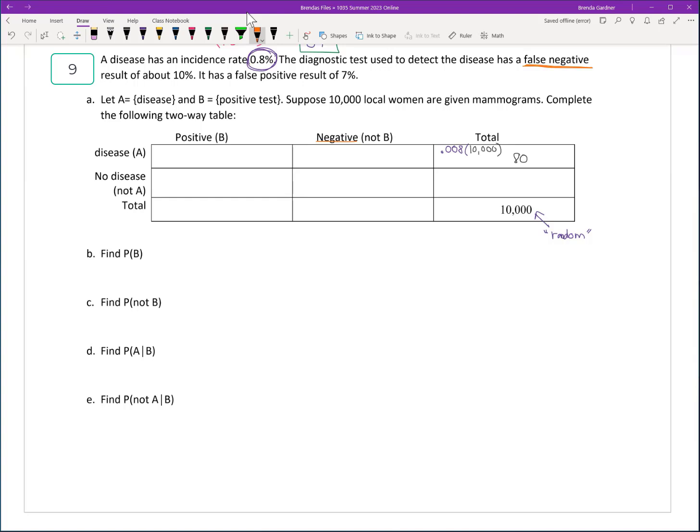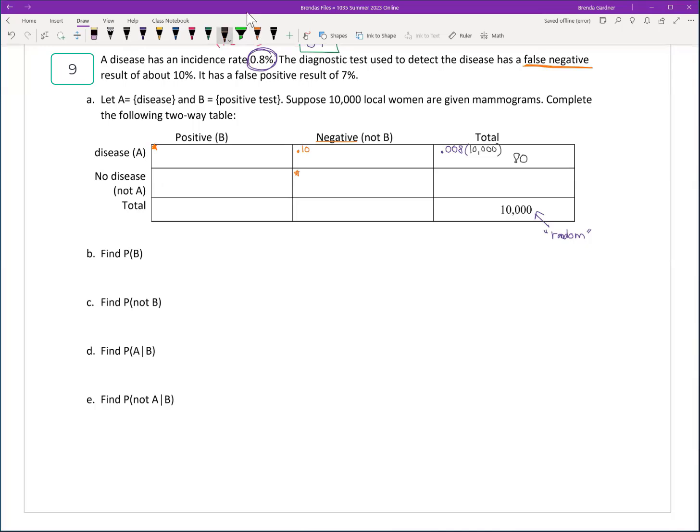So this is the area, disease and positive, that's what we want, and no disease and negative, that's what we want, in a test to have. A false negative would mean that it's negative, but you actually have the disease. So I'm going to put the 10% up there as a decimal. But what should I multiply that by?